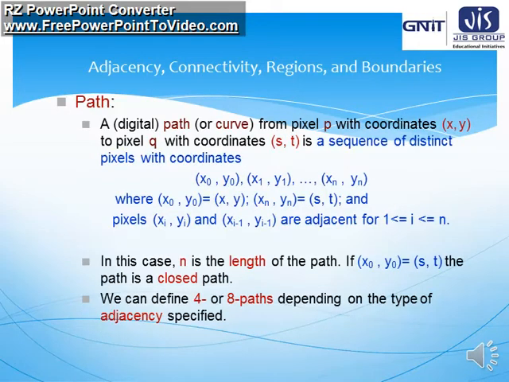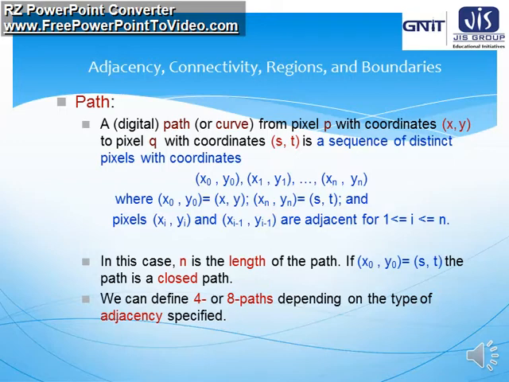Now, what do we mean by path? A path from pixel P with coordinate x, y to pixel Q with coordinate s, t is a sequence of distinct pixels with coordinates.